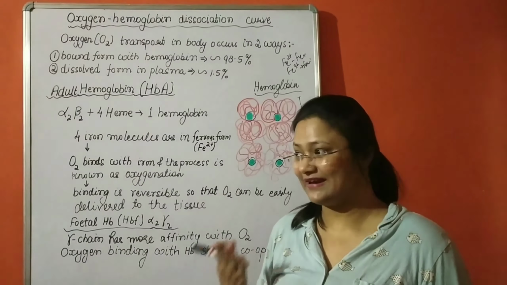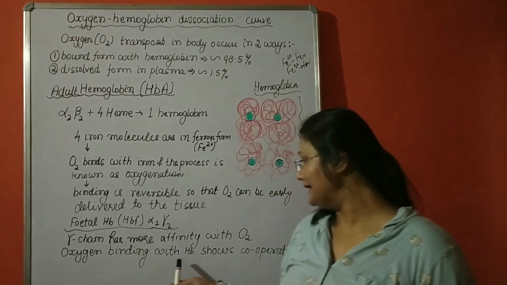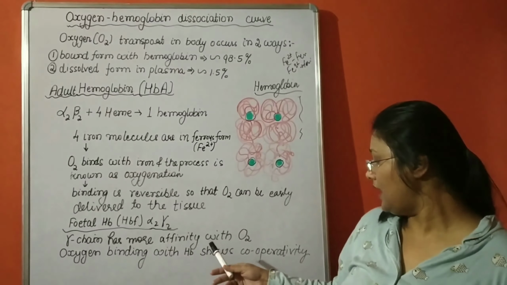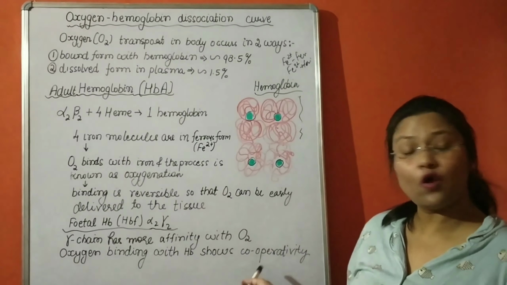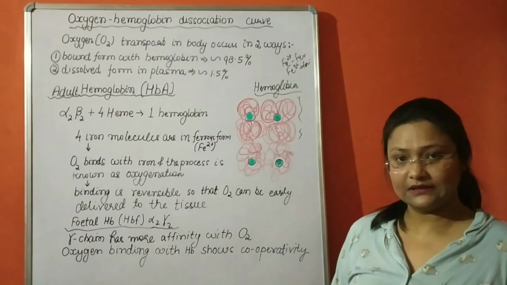Also, one more thing we need to discuss is that oxygen binding with hemoglobin shows cooperativity. We know that there are four iron molecules in hemoglobin, and to each one of them, one O2 molecule can bind.